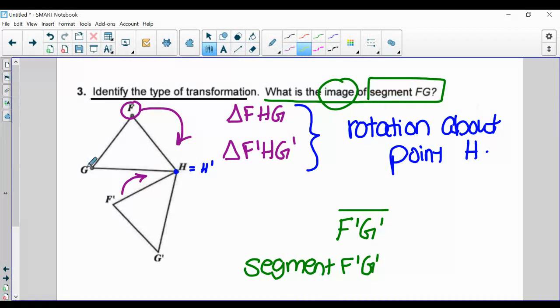So if we look at our diagram, the original, this is the pre-image, and F prime G prime is the image. So pay special attention to whether you're working with a segment. You either use the symbolic notation or you write the word segment before F prime G prime.